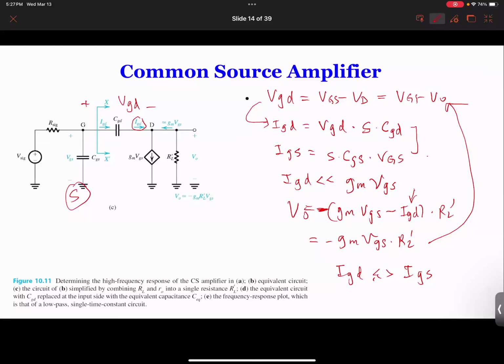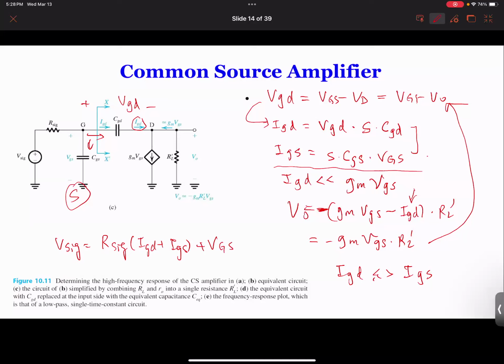So now we have this one derived. We have VGD and we got IGD, and then we have IGS. We already wrote the equation here. Now we can write another equation: VSIG equal to RSIG times (IGD plus IGS), two currents, one going this way, one going this way, plus VGS.